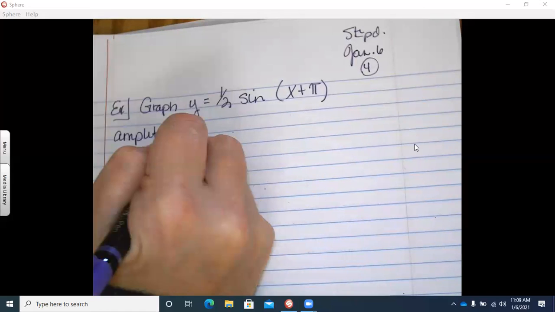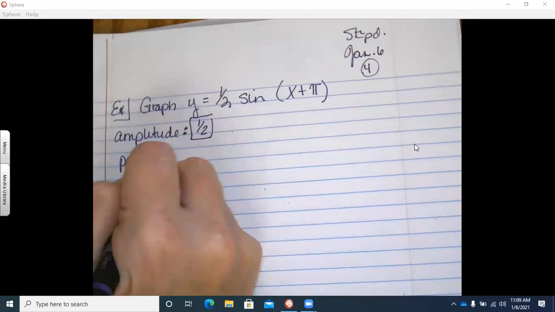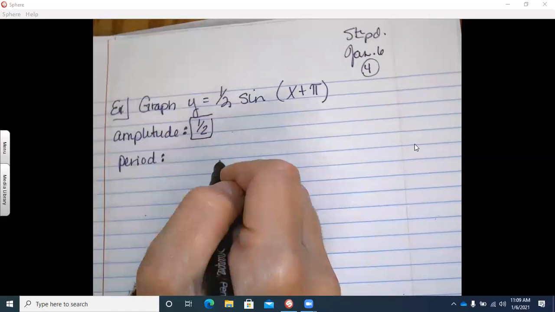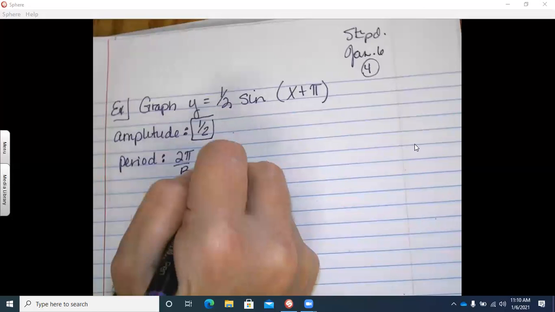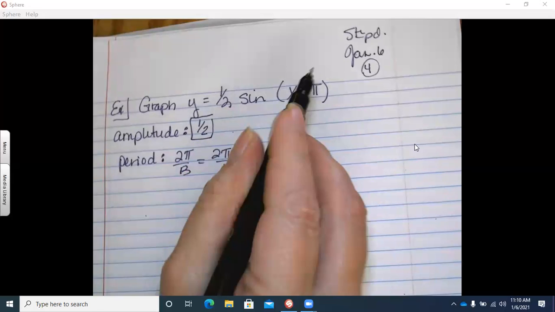What is my period? Right, so what's b? 2 pi over b, and this time b is just 1, right? There's no coefficient of x. Well, there is a coefficient of x, it's just 1. So our period will just be the normal 2 pi. Since the coefficient of x is 1, the period won't change, okay? Only if there's a coefficient of x.